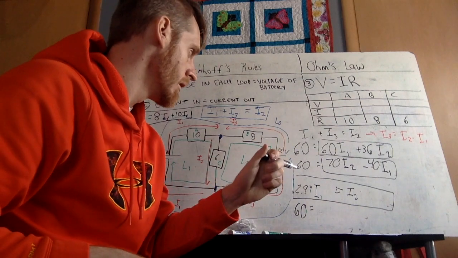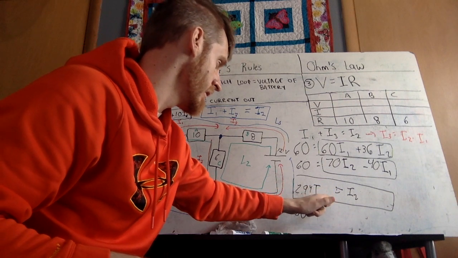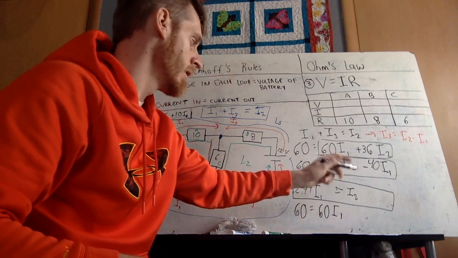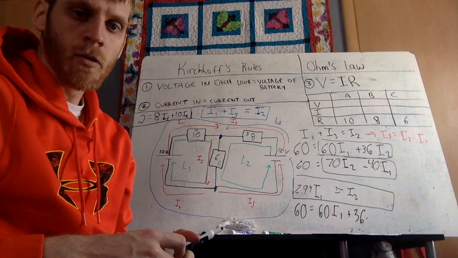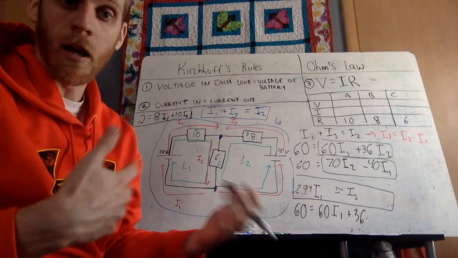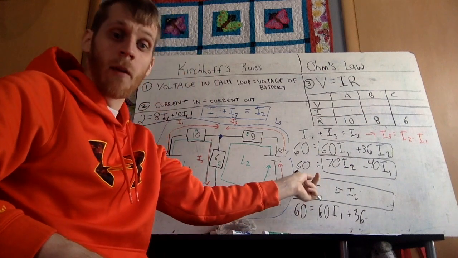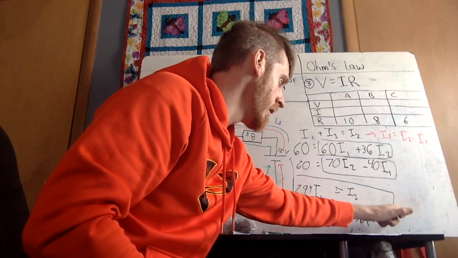I have 60 I1 plus 36. Now, I don't want to write I2. I want to get everything in terms of one variable, I1, for example. Instead of writing I2, I can write 2.94 I1 because they're equal to each other.